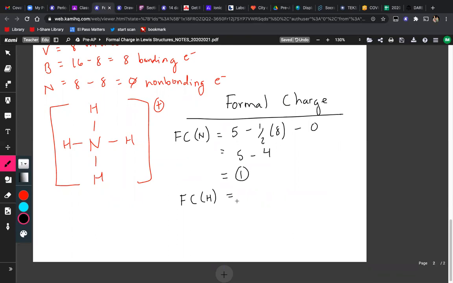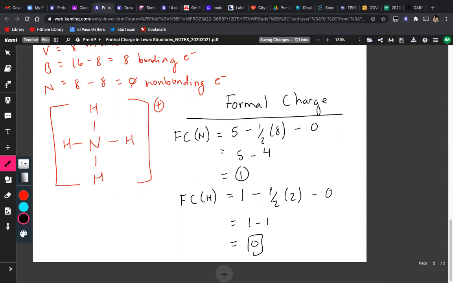Here's what I mean. The number of valence electrons on hydrogen is 1. The number of bonding electrons is going to be 2, right? Each of these hydrogens has 2 bonding electrons. We're going to take half that number. And the number of non-bonding electrons on hydrogen is 0. That leaves us with 1 minus 1, which is 0.